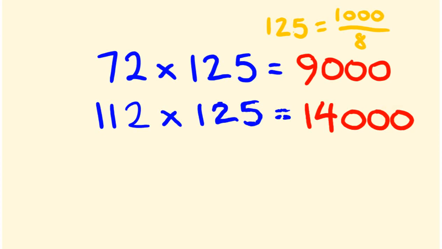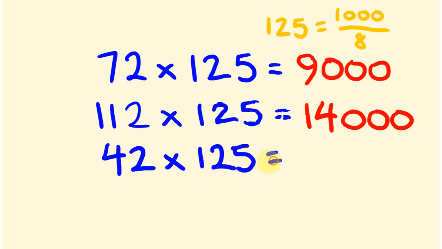Okay, last of all, a slight variance here. What about we did 42 times 125 equals? Now, what we can do is look at the number that 8 goes into.